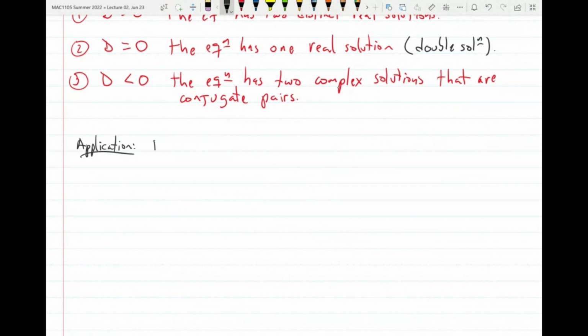Decide, let's say, if 273x squared plus 571x plus 1343 is prime or not. In other words, let's say I give you this polynomial. Can you factor it?